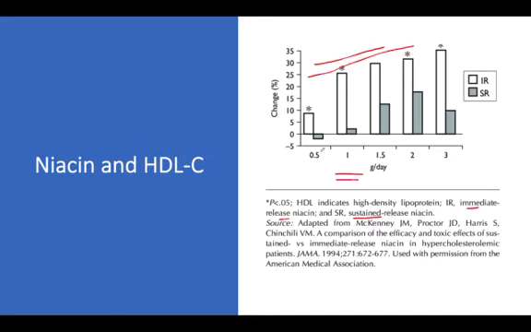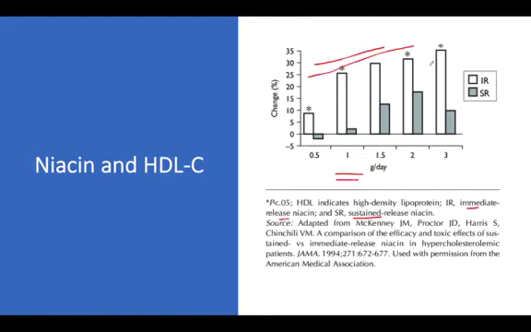You can see here with immediate release niacin, there is rapid elevation of HDL with increasing doses, whereas with sustained release niacin, although there is increase, it takes some time.